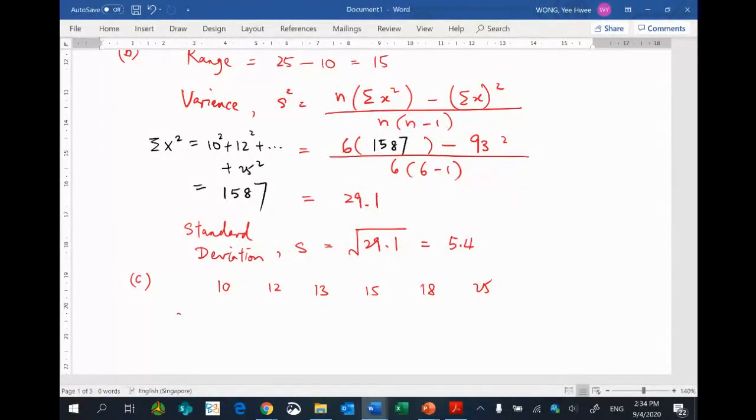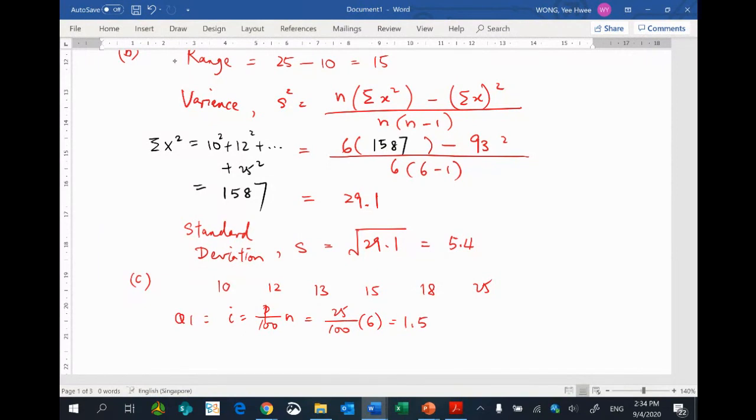How to find Q1? The formula is P over 100 times n, and Q1 is the 25th percentile, n is 6 here, so you end up with 1.5.